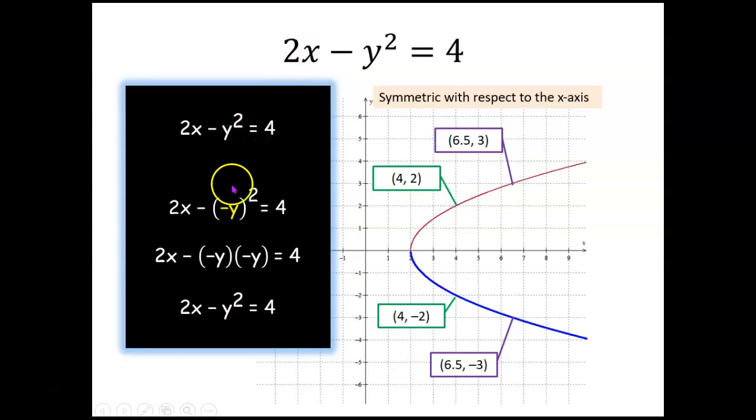So if you replace y with -y, and then the equation tells you to square that, -y times -y is, a negative times a negative is positive, y squared. So it's equivalent to the equation we started out with. That's one way to test for this kind of symmetry. From the equation, if you replace y with -y and then simplify, it reduces to the same as the equation you started with.